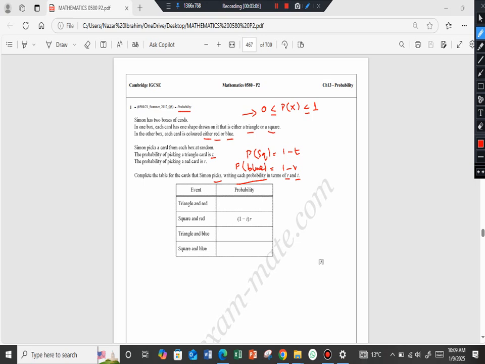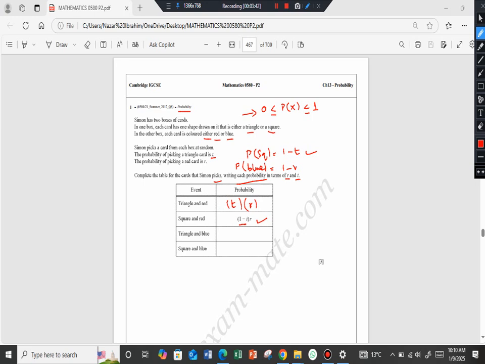When we are finding the probability of AND, this event and this event both should occur, square and red. So the probabilities are multiplied. The probability of a square card, which we calculated as 1 minus T, multiplied by the probability of a red card, R, so (1 minus T) times R. The probability of a triangle card is T and of a red card is R, so TR.